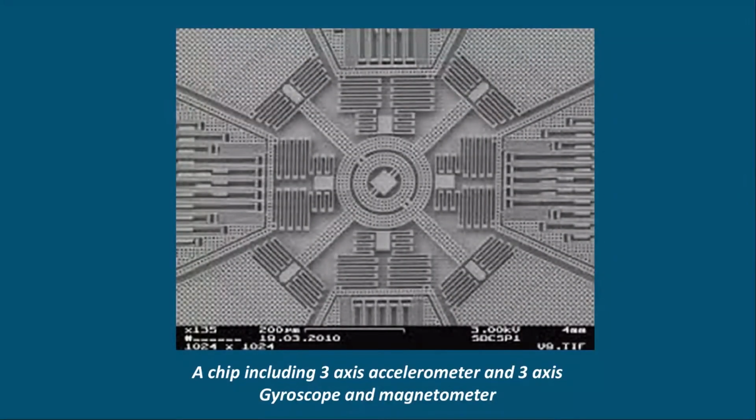So this is the centerpiece of the accelerometer in a cell phone. It's only about 5 millimeters across. It measures movement in all three planes, X, Y, and Z axis. It does that with piezoelectric physics, piezoelectric crystals, which are extremely small, very sensitive to movement in any plane. And it has a 3-axis gyroscope and magnetometer.